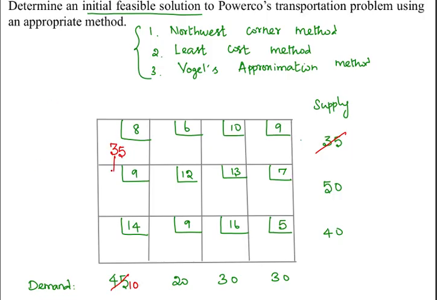Next I go down. Here I want to give 10, and plant 2 has 40 remaining.